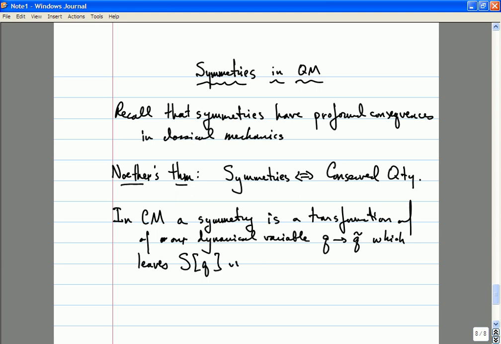For example, if you have a system which is translationally invariant, then shifting X by a constant does not change the momentum, and so the Lagrangian and hence the action are unchanged. That is the description in the Lagrangian formalism.